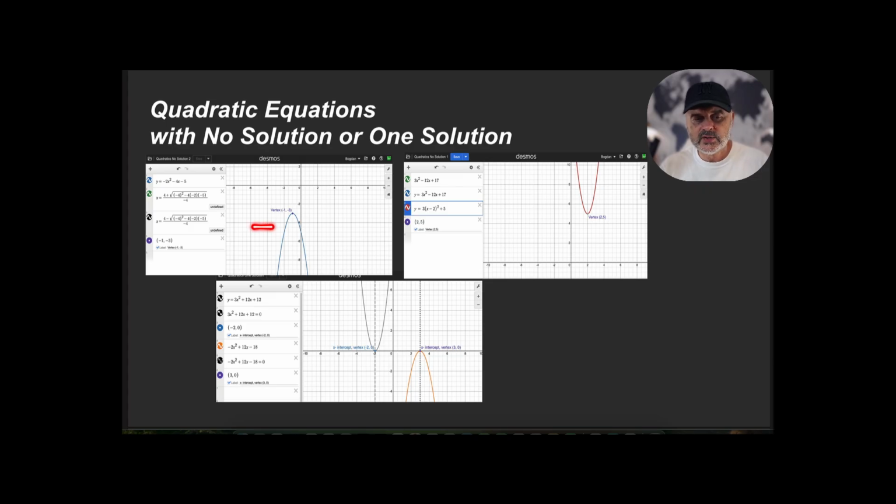Therefore, it shows on the graph that there are no x-intercepts. Also, you may have a possibility where your equation has 1 x-intercept, which coincides with the vertex of the parabola, so that this particular example would show 1 solution.